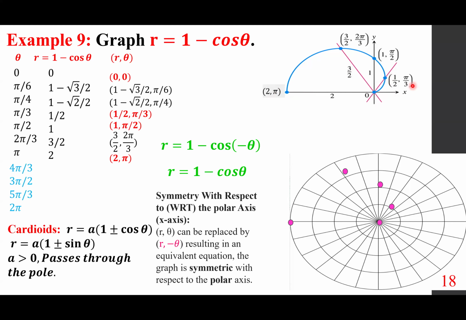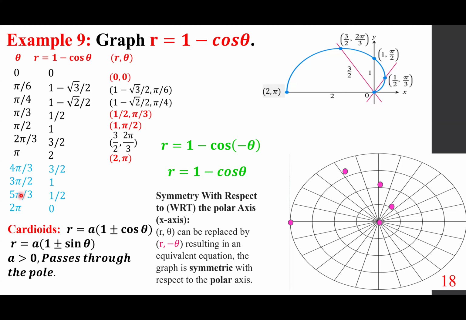Or if you want to just plot those pairs, for example, 4 pi over 3, it's just the same as pi over 3, but negative. So it's negative 1 half, with negative becomes positive. So 4 pi over 3 gives you 3 halves. 3 pi over 2 is 0.